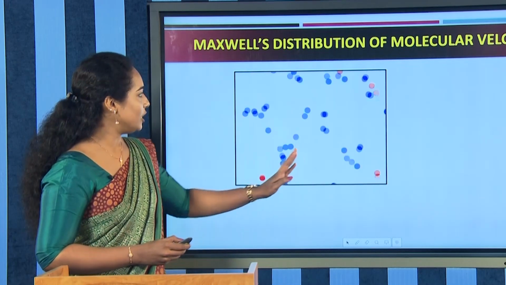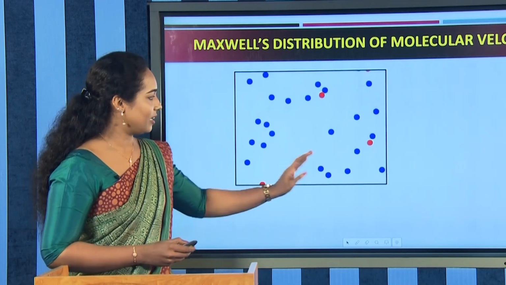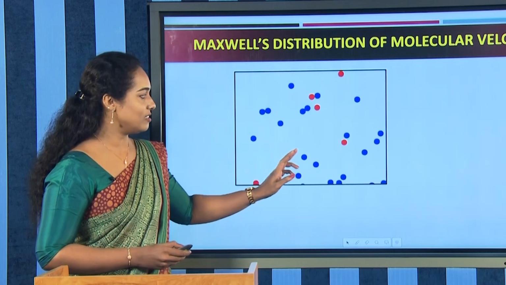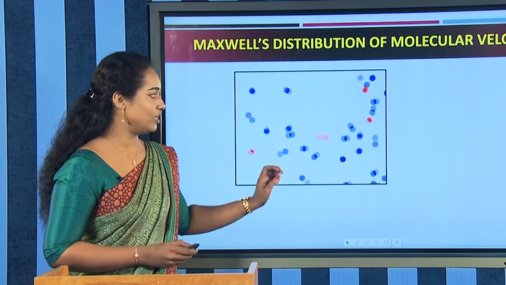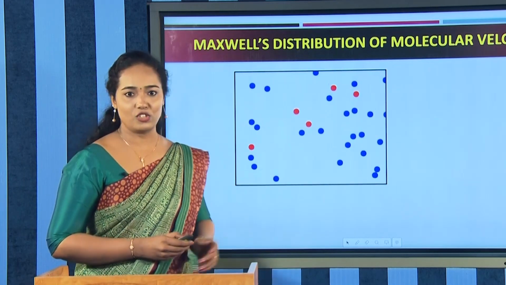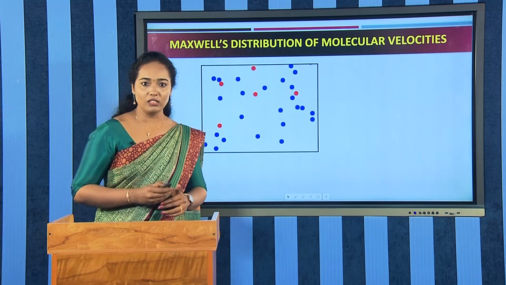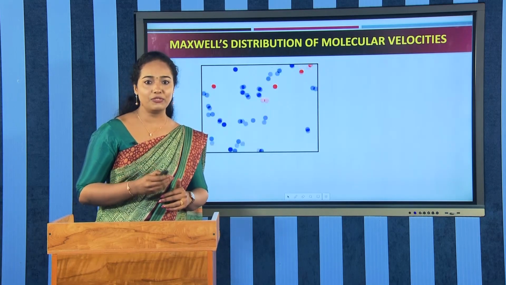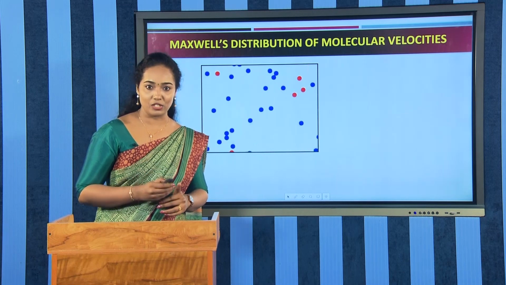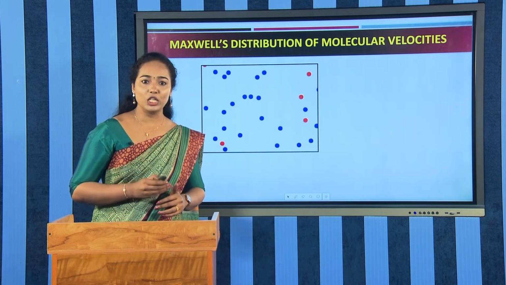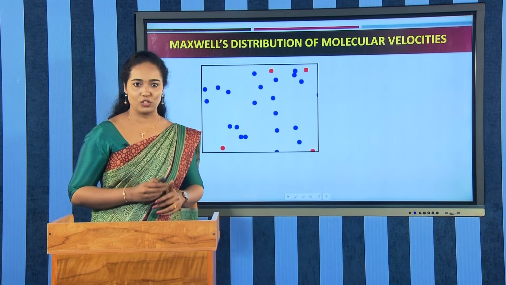If you observe any of these red colored gas molecules, you could identify that after each collision its speed changes. However, the distribution of speed among different molecules remains the same at a particular temperature, although the individual speeds of the molecules may change.